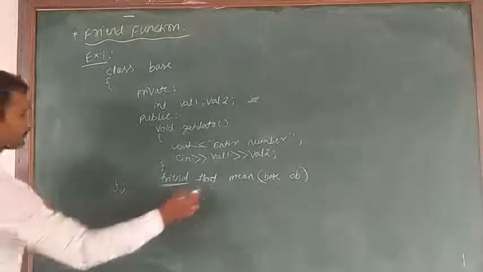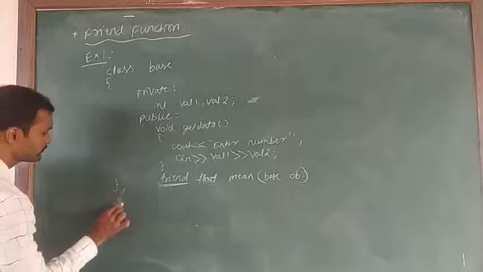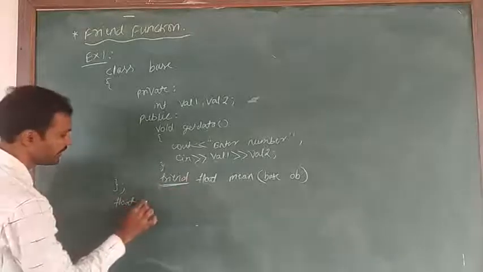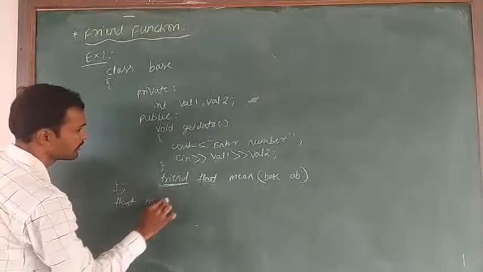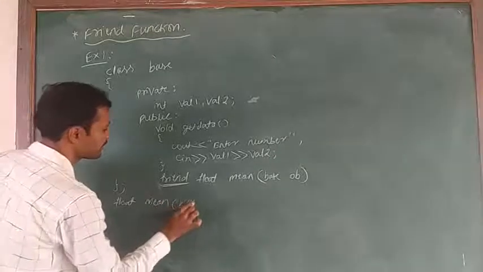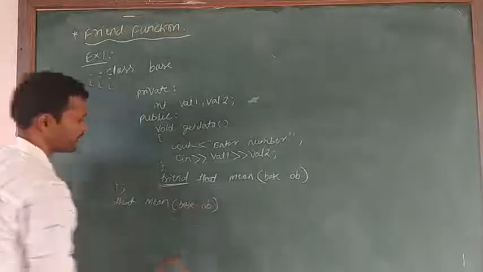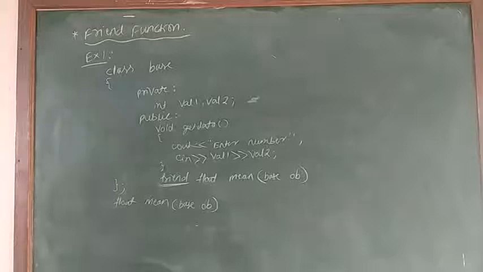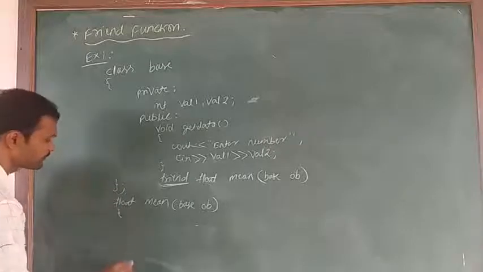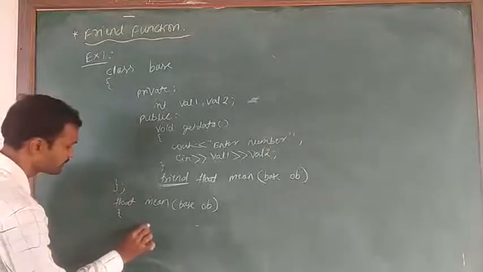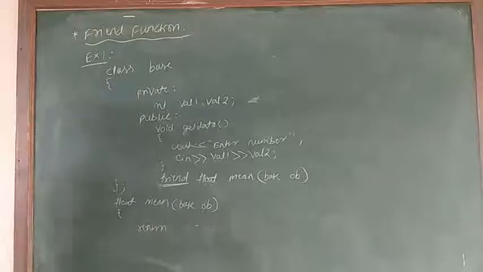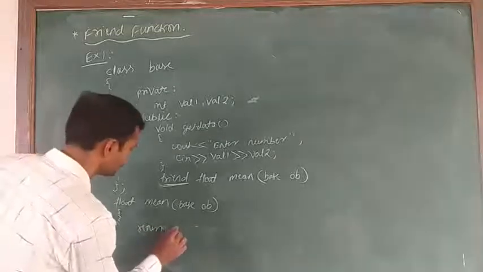For declaration only we have to use friend. Directly you have to take float main base object. Then open this function. Return. We have to return the float value.